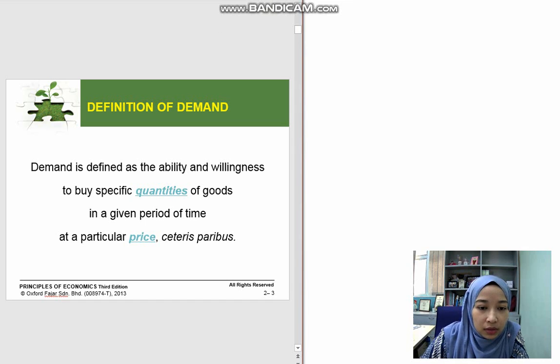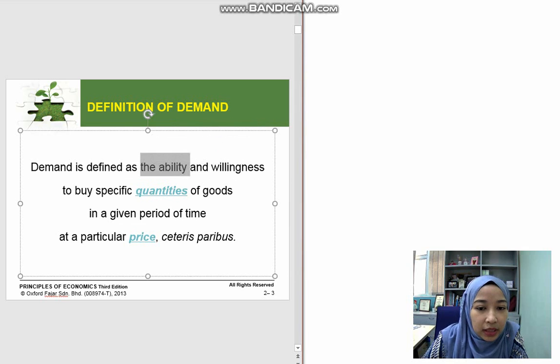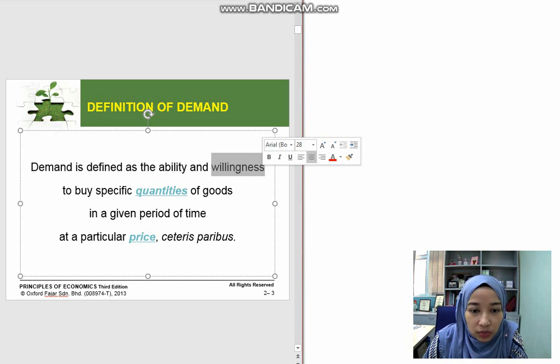Ability here means a person is able to buy, able meaning afford to buy a certain product. Willingness means the person or the consumer wants that particular product. So the consumer must be able and must be willing to buy that specific product at a specific quantity at a given price.